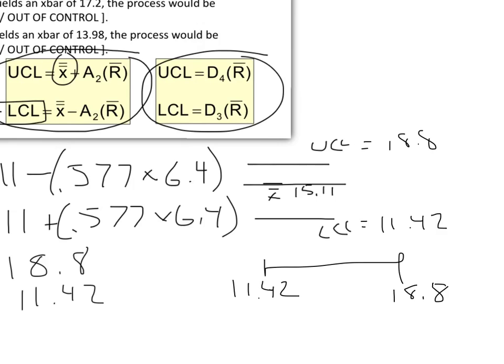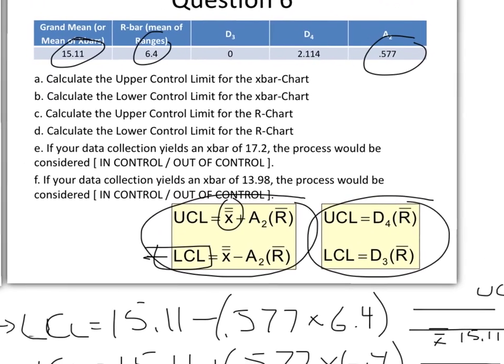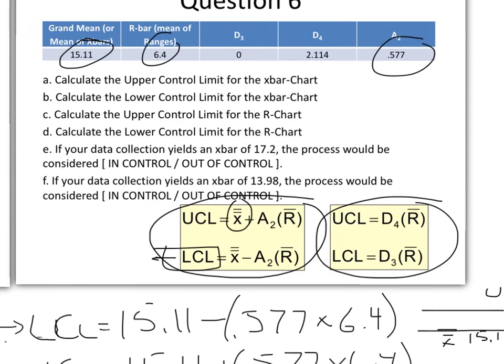And now let's go back and look at what else we need to do here. Okay, we need to do the same thing, calculate our upper and lower limits now for the R chart. And that's when we're going to use these equations here. Let me erase this for a minute to highlight what we'll be looking at.